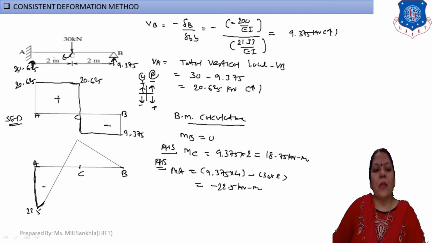At C point it is inclined, because this propped cantilever beam is subjected to a point load, and the BM diagram of a point load is inclined, plus, and the height of moment at C is equal to 18.75, and moment at B is equal to 0. This is my BMD, bending moment diagram.